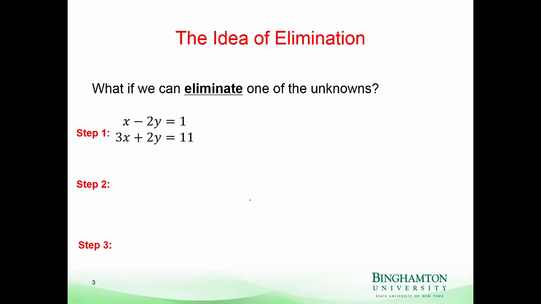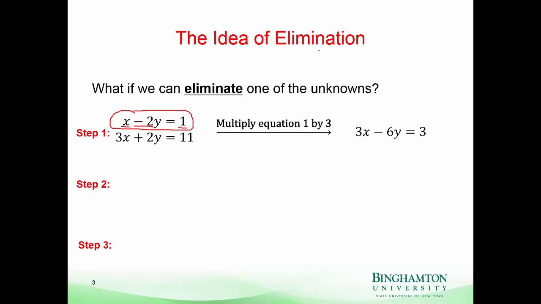So here's step 1. We write down the given equations, and we're going to multiply the first equation by 3. We take this equation and multiply both sides by 3, so we get 3 times x, 3 times negative 2, and 3 times 1. When we do that, we get 3x minus 6y equals 3.